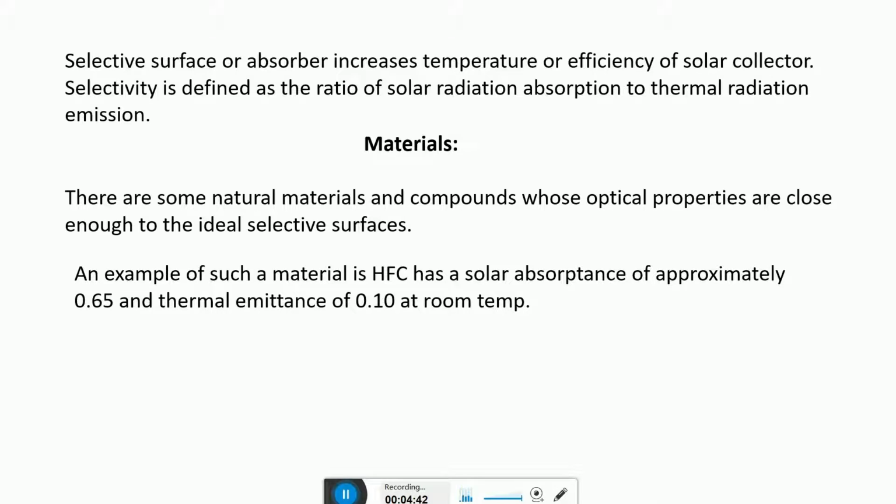It has a solar absorptance of 0.65 and emittance 0.10 at room temperature. This material has a high melting point, high hardness, good resistance to oxidation and low thermal conductivity.